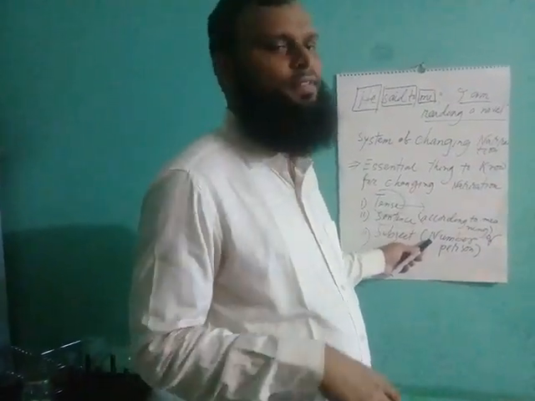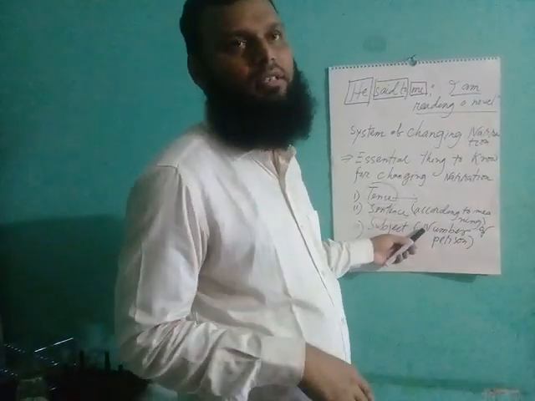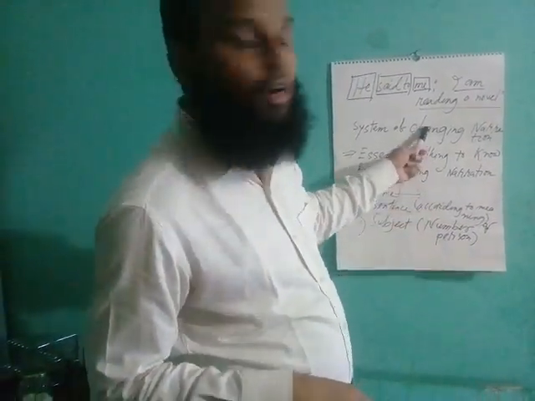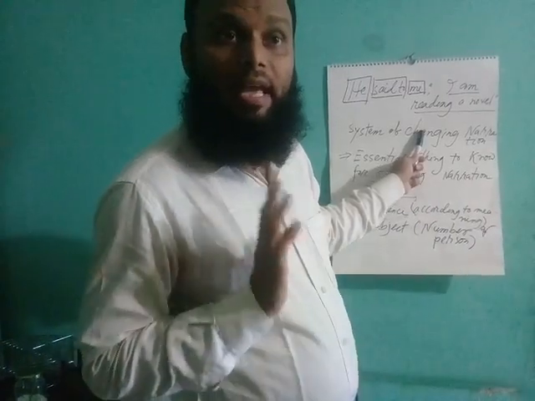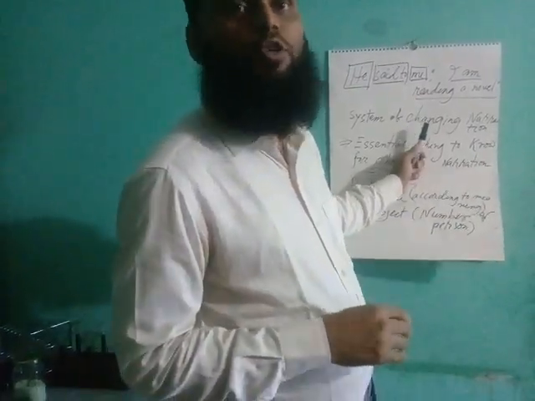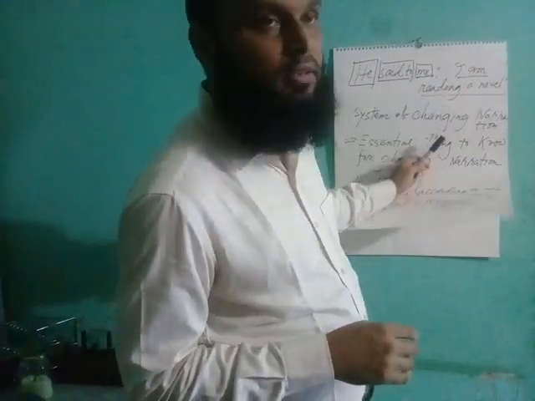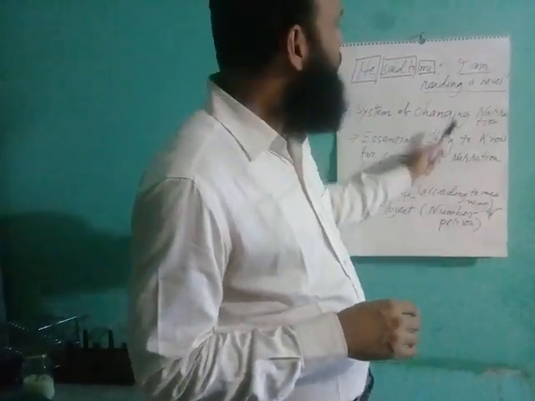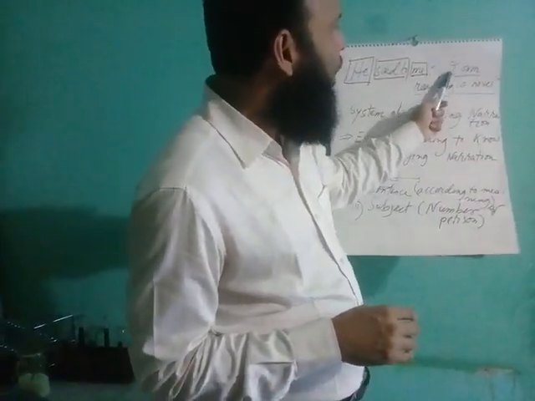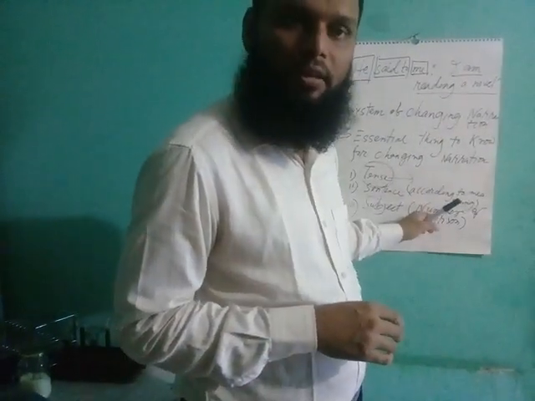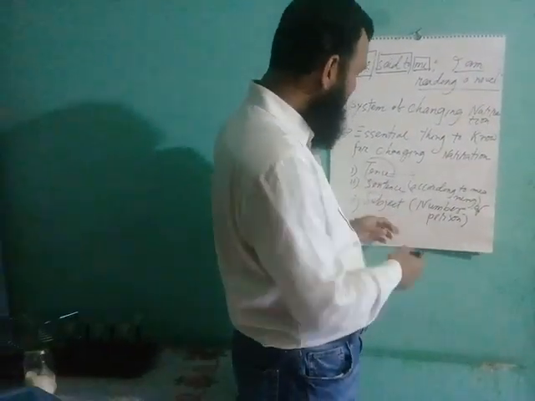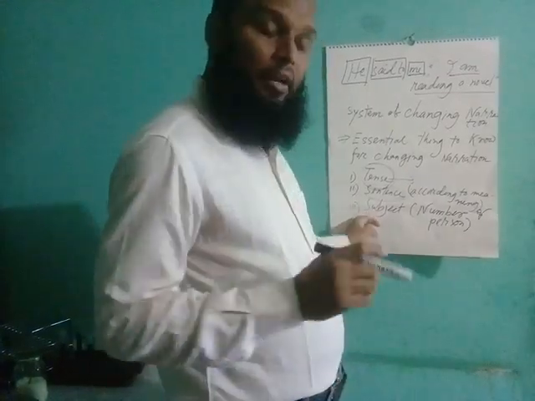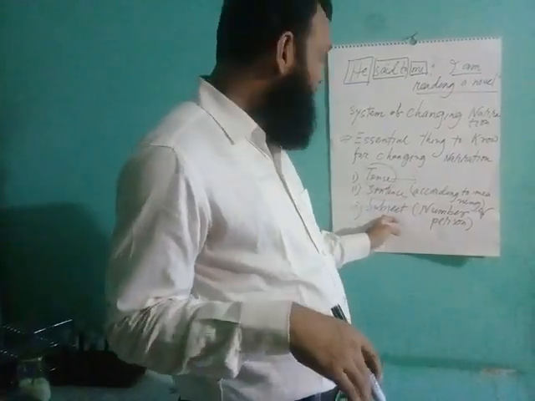All these five kinds of sentences are very essential to change narration, because they will help you to change the inverted comma, to change the reporting verb, to change the subject within the inverted comma. So you will have to learn this.